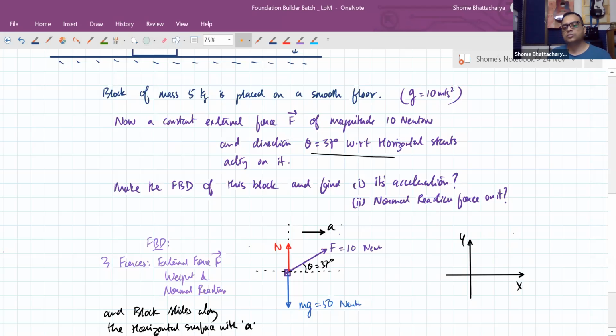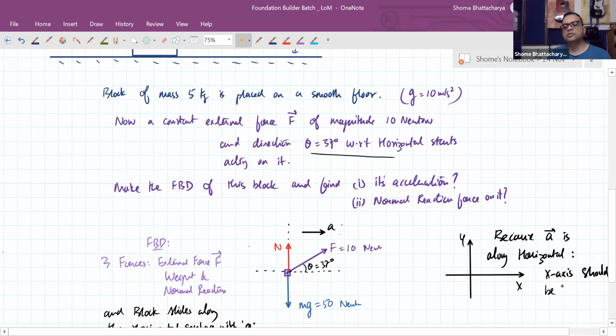Okay. So, because acceleration is along horizontal, therefore x-axis should be taken along horizontal.